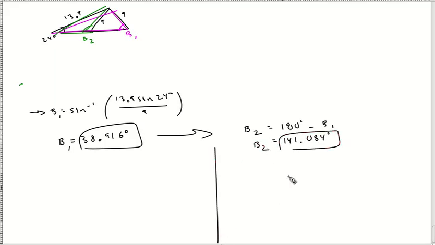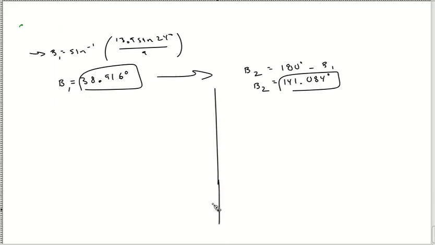Now, again, we're going to have two separate problems going forward. So I need to find C1. And in order to do that, I do the 180 rule: 180 minus the 24 minus the 38.916. And C2 is the same 180 rule: 180 minus 24 minus the 141.084.